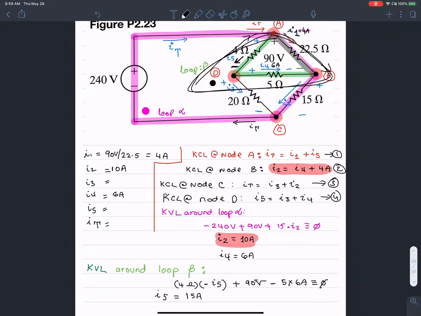That's what I got as well. 15 amperes is correct. So I5 is 15 amperes. I like the interaction in the class. Thank you for participating. Now, what's my next step?